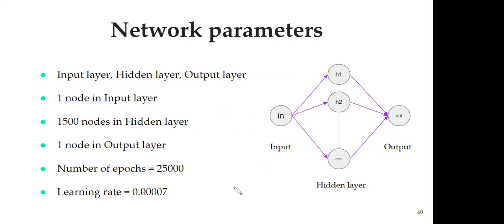Now, this is the network that I have chosen. There are 3 layers: input layer, hidden layer, and output layer. One node in the input layer, because we are only giving natural frequency as the input, and we are getting actual load as the output. I kept 1500 nodes in the hidden layer, and the number of epochs is how many times we retrain the neural network.